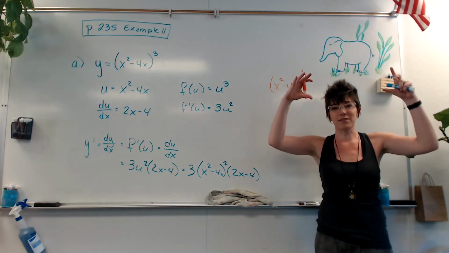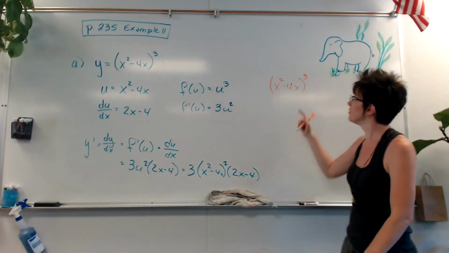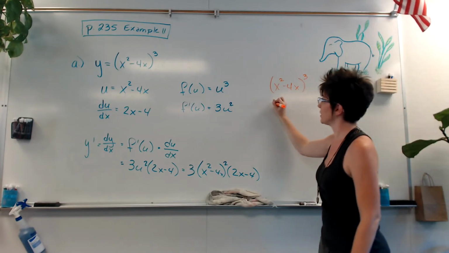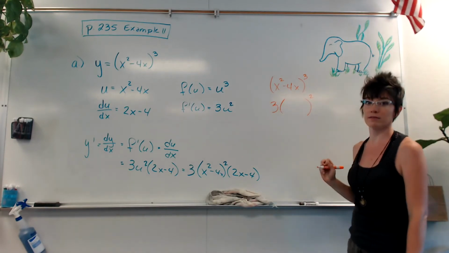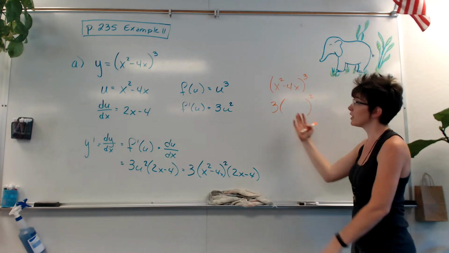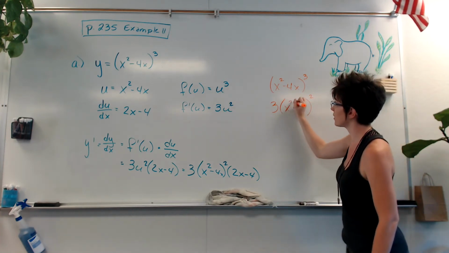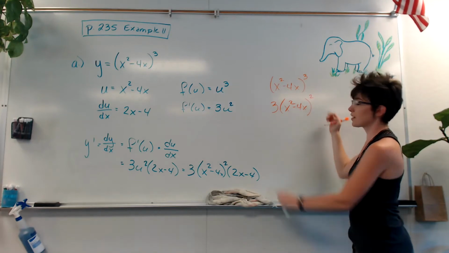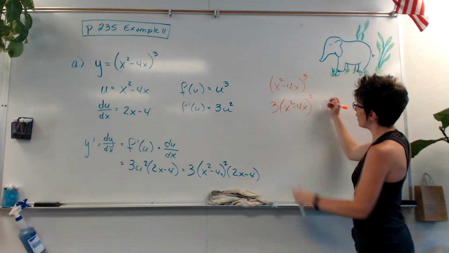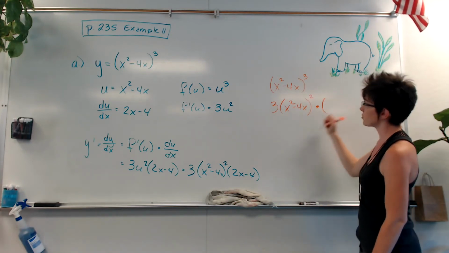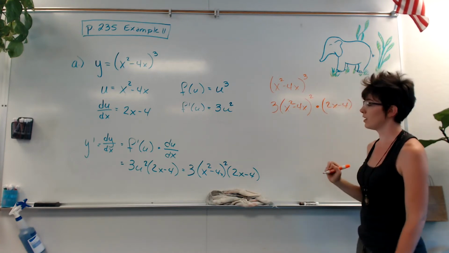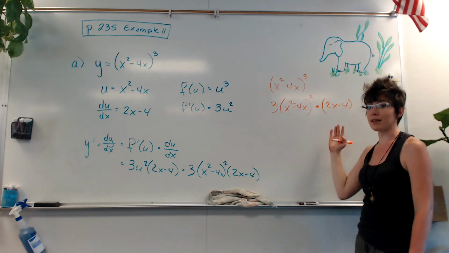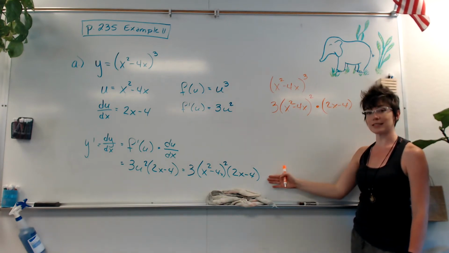I'm taking the derivative of the outermost first. So the outermost is a cube. So I bring down the 3 and drop the power by 1. That's just power rule. The inside does not change at this step. So I've taken the derivative of the outer and then multiply by the derivative of the inner, which is just 2x minus 4. And now you can see that this answer we just got here is the same as this answer over here.